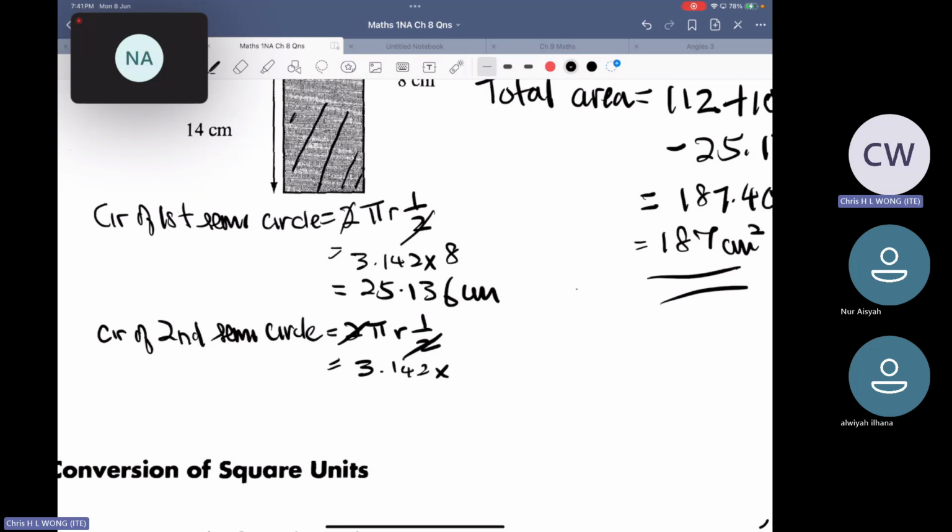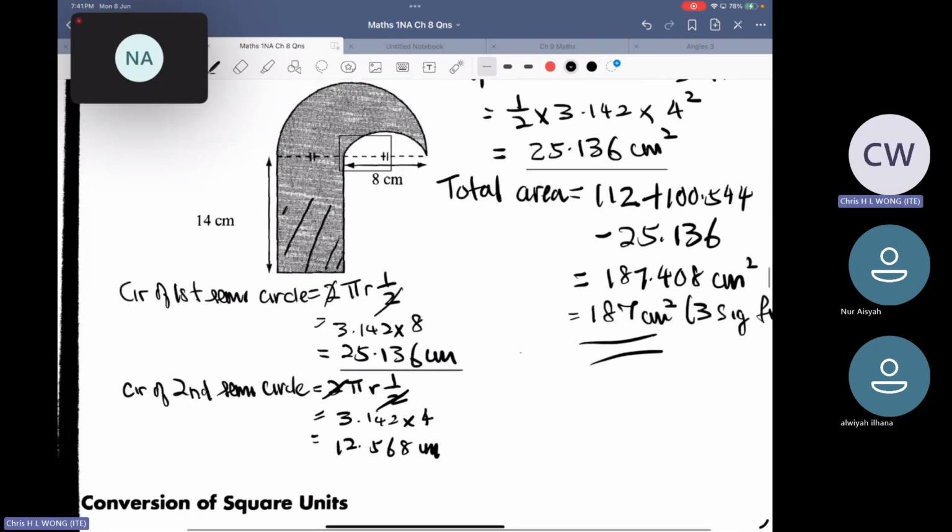R is 4, isn't it? That will give me, answer please. 12.568 cm.